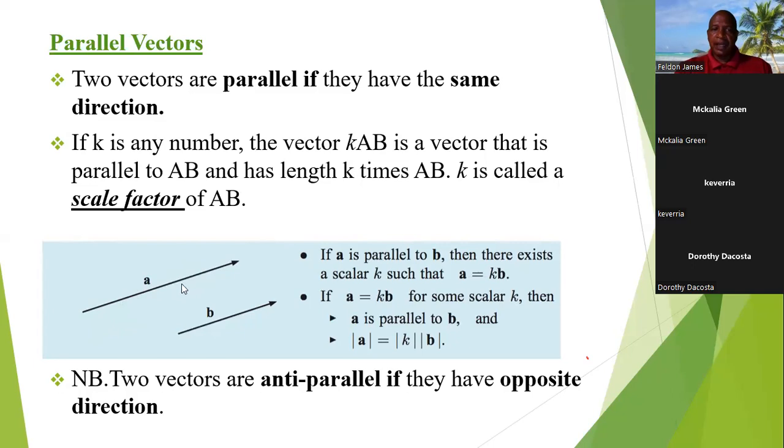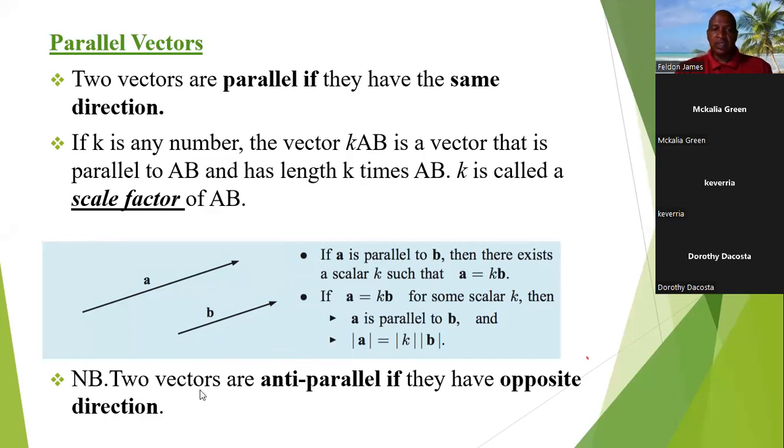But parallel vectors don't need to be the same size to be parallel. Equal vectors are parallel, but you also have vectors that are not equal in length but are in the same direction, so those are parallel. In that case, one would be K times the other.